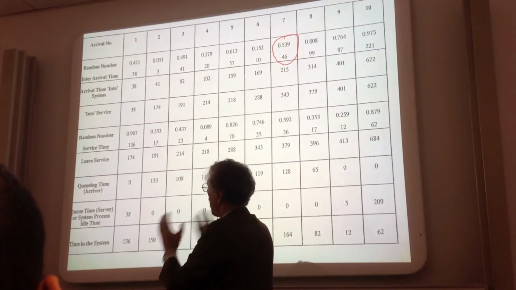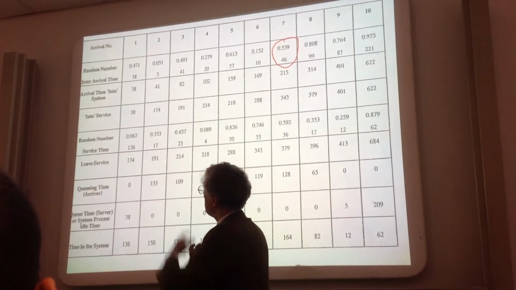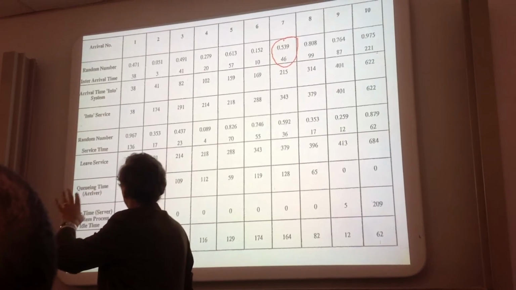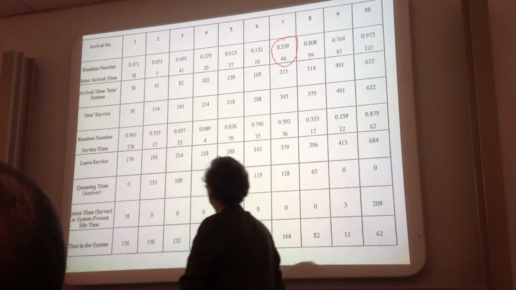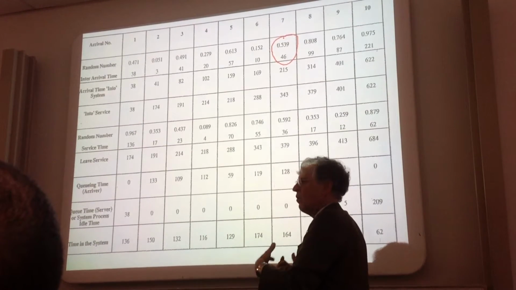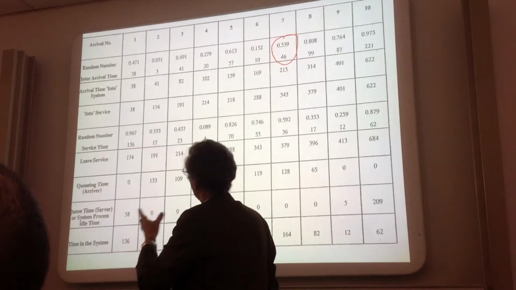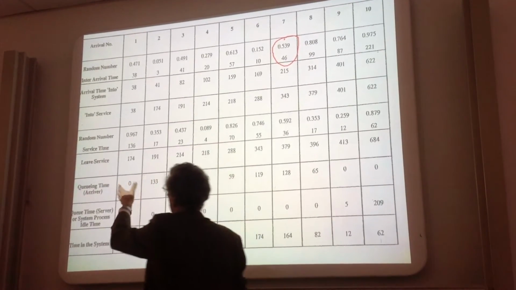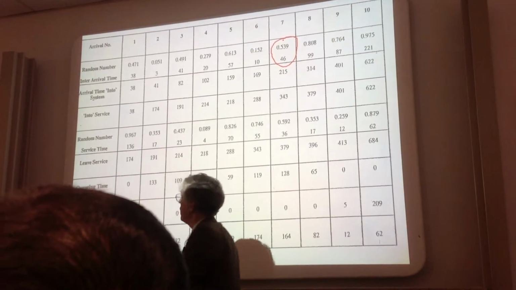Then we generate a random number for the service time. This is all with lambda is 1, obviously, an average inter-arrival time of 1 per minute, which was given, and a service time of 1.5. So we get a random number for the service time, and that gives you the length of the service.